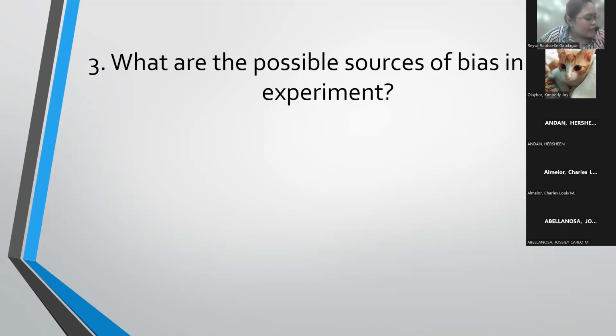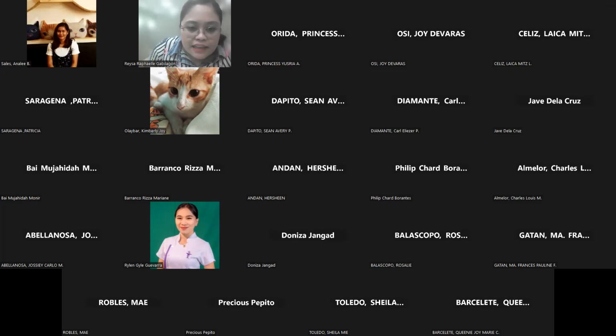Method. What else? I thought it was 4M. 3M lang pala siya. Men, method, machine. I think so. It's 3M. So, yan yung mga sources of biases natin in the experiment. Men meaning I'm talking about the researcher, the investigator, the one who is performing the experiment.